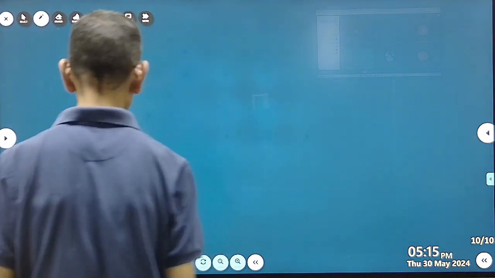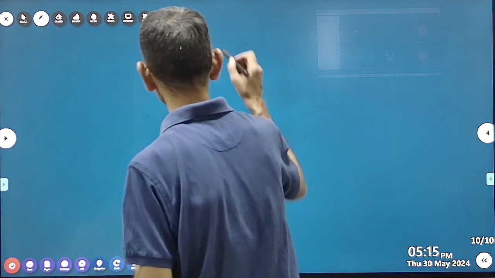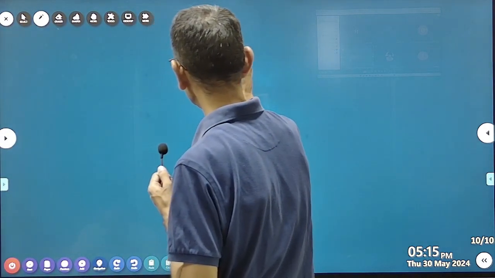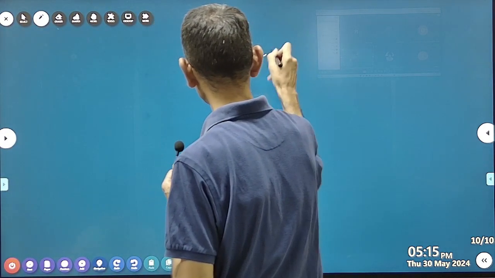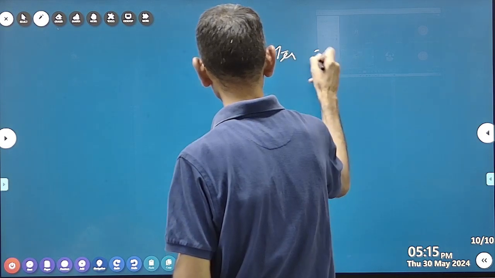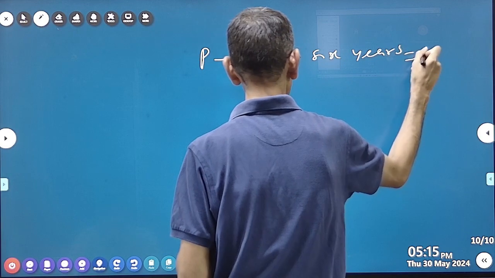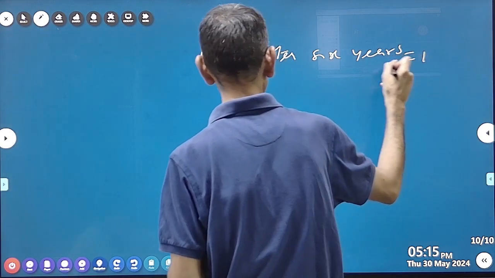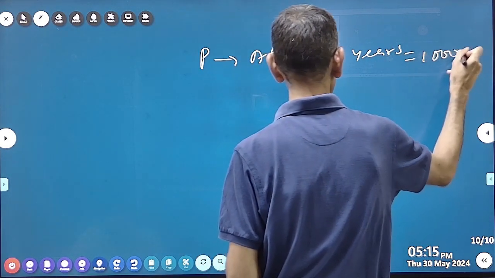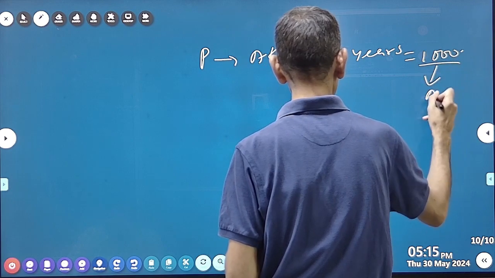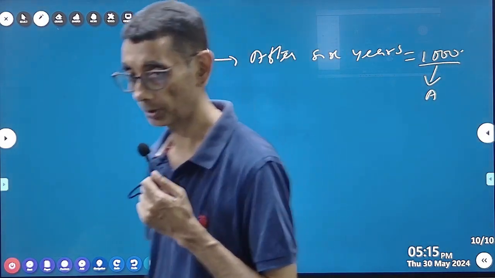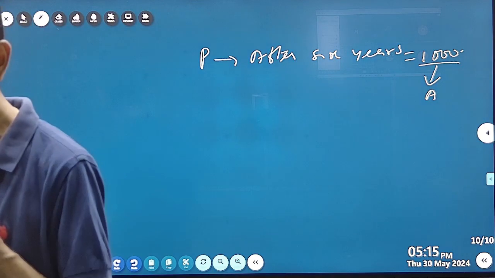So after 6 years if you get 1000, say the present value is P. Then after 6 years your money becomes 1000, so this is your amount. So obviously your present value was less.